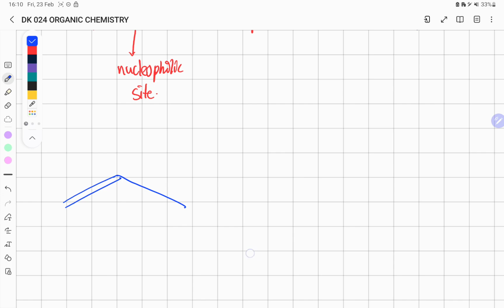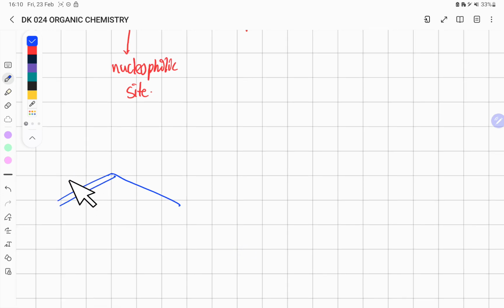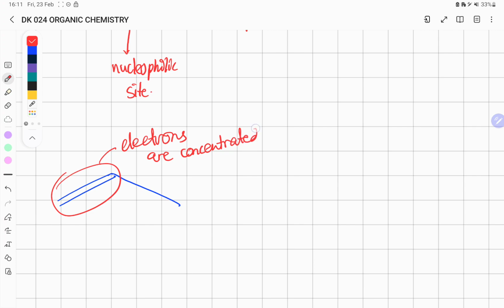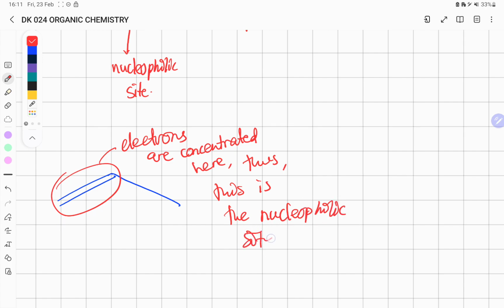Kalau lagi pendek dekat sini, okay, elektron akan tertumpu dekat satu kawasan yang kecil. Okay, so electrons are concentrated here. Thus, this is the nucleophilic site.